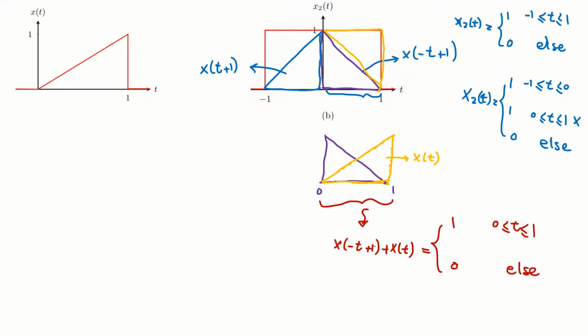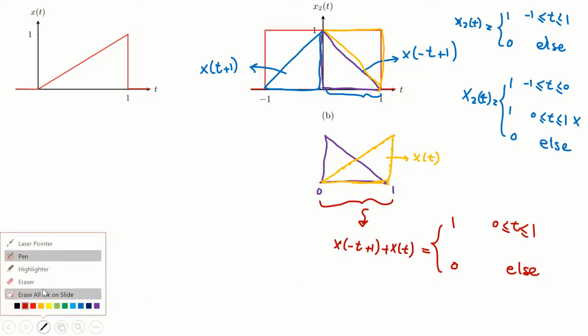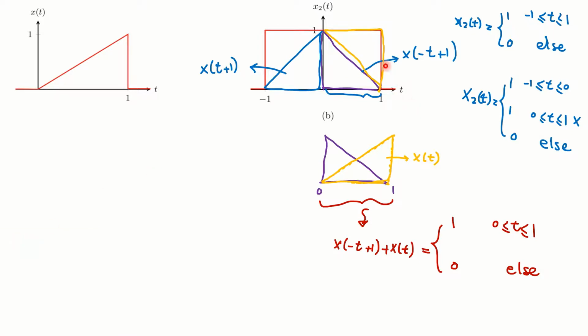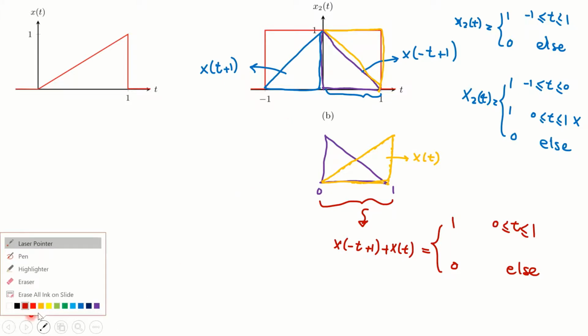Okay, I did this for the right part. So these two together actually cover up the whole part here. This is the square from 0 to 1. Okay, I should do the same for the left part.